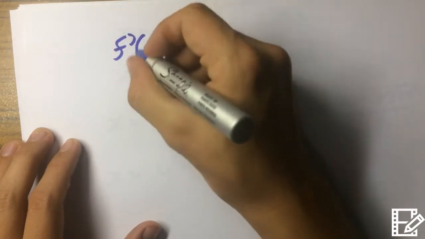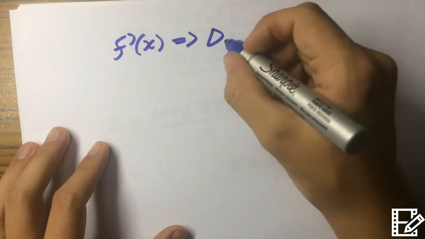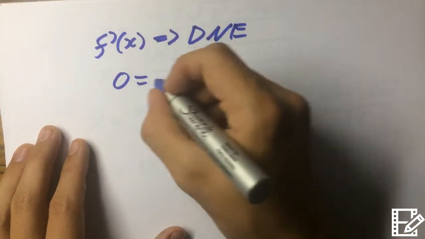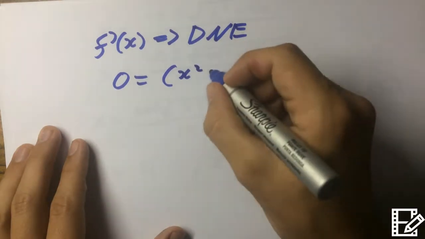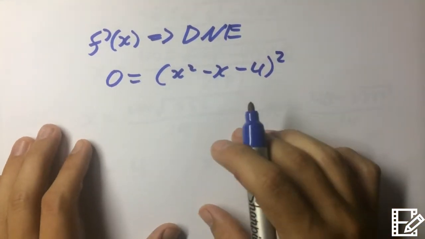Now we're going to do the critical numbers for the bottom part. So when the derivative is undefined, or doesn't exist, you set the bottom to 0, and the bottom was x squared minus x minus 4, squared, all squared.